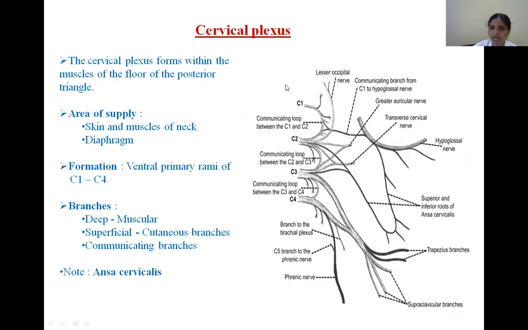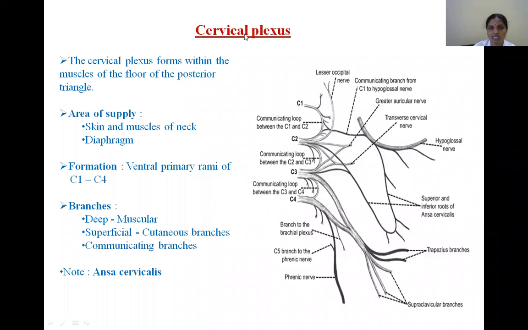The dorsal primary rami are responsible for the structures on the back. Then what happens to the ventral primary rami? The ventral primary rami of all 8 cervical and the first thoracic nerves are interlaced in the form of a plexus. These plexuses are named the cervical and brachial plexus.